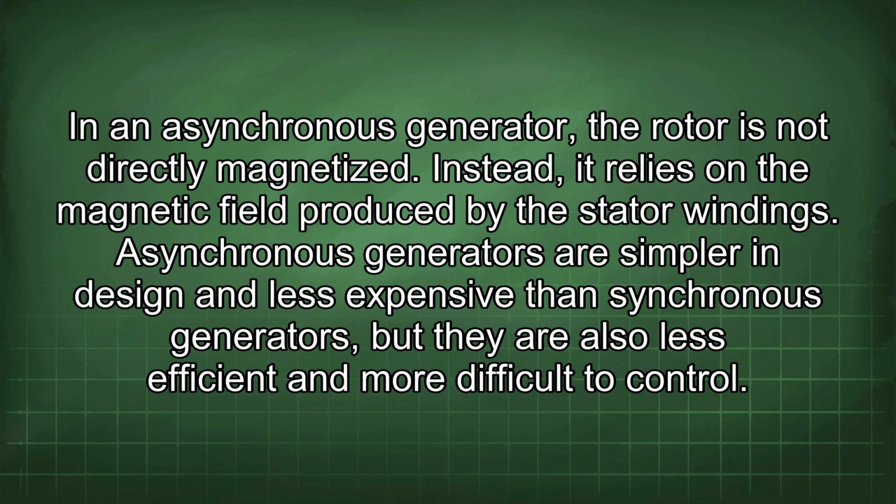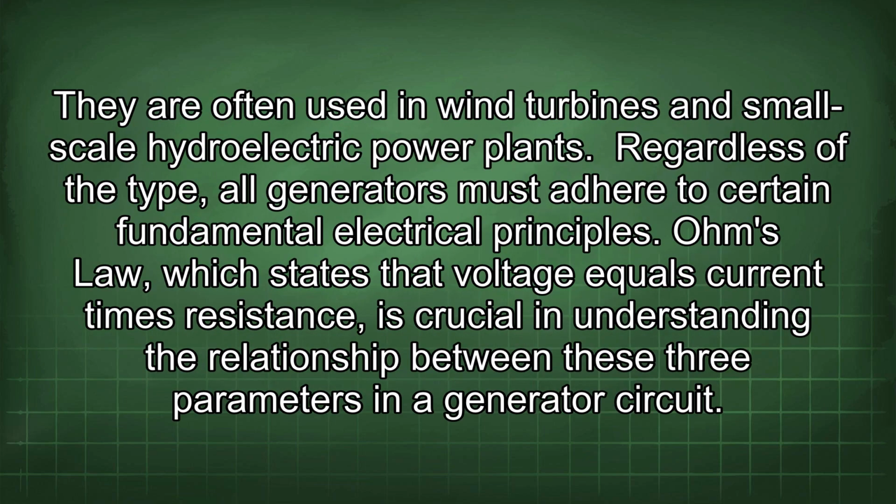In an asynchronous generator, the rotor is not directly magnetized. Instead, it relies on the magnetic field produced by the stator windings. Asynchronous generators are simpler in design and less expensive than synchronous generators, but they are also less efficient and more difficult to control. They are often used in wind turbines and small-scale hydroelectric power plants.